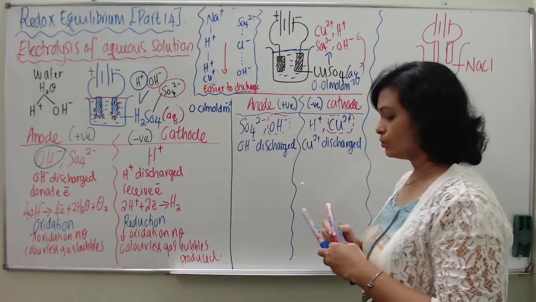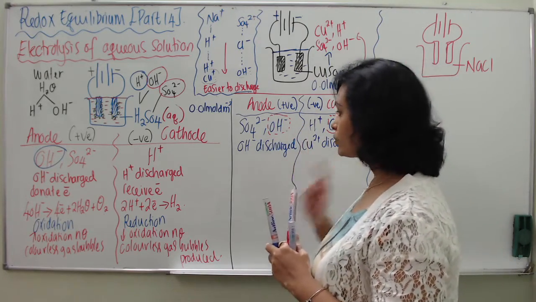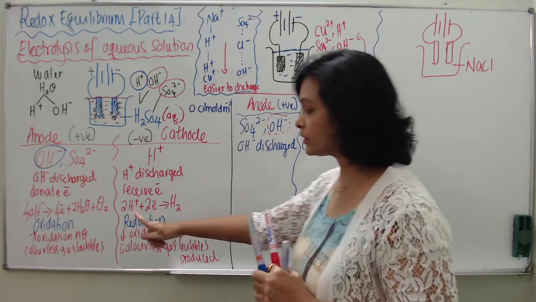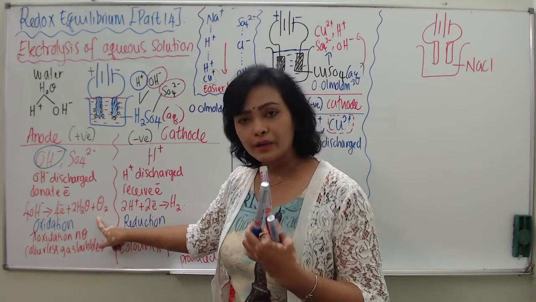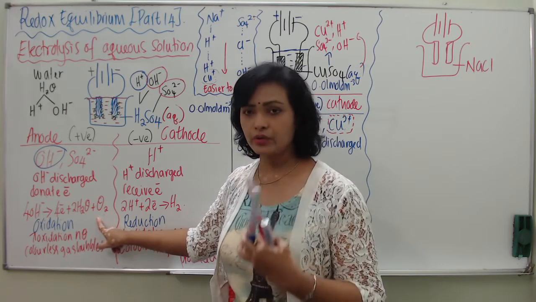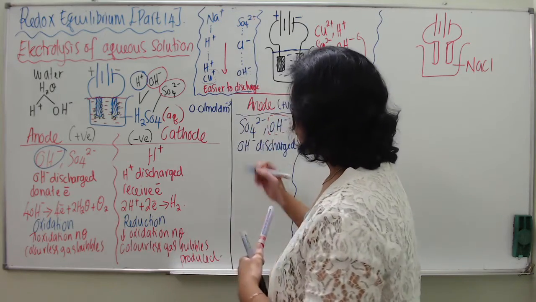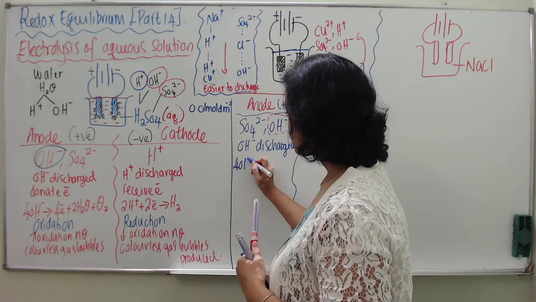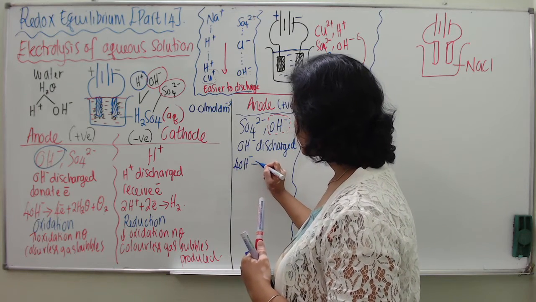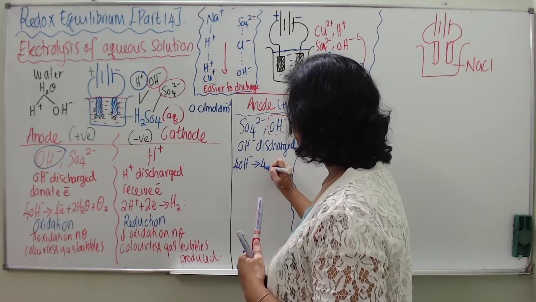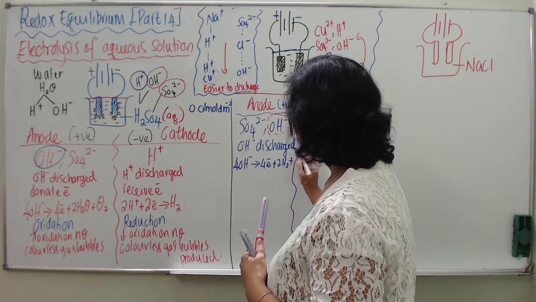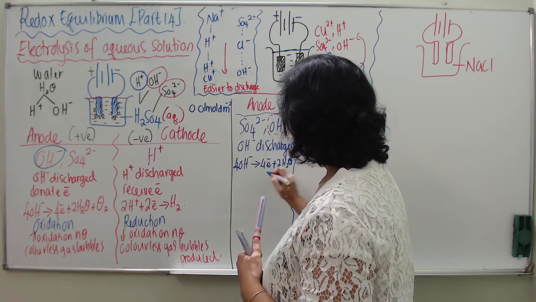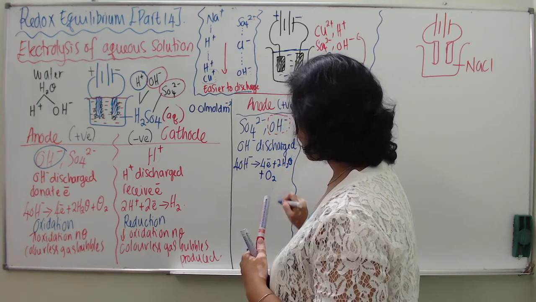Okay, now, how does hydroxide ion discharge? That is the reason why teacher wants students to technically remember this. Okay, try to remember this. All right, so I write it a bit smaller. Hydroxide ion donates 4 electrons to become water and oxygen gas.